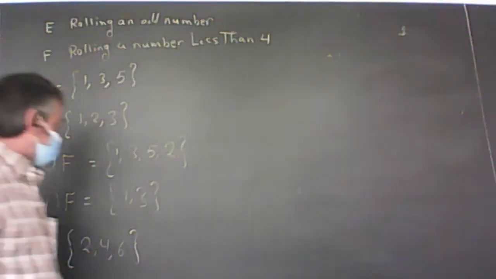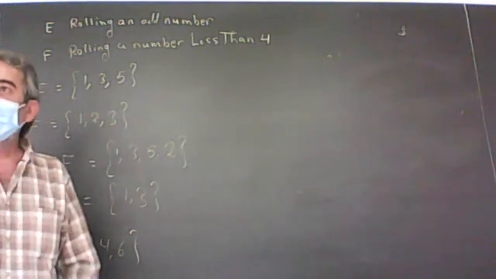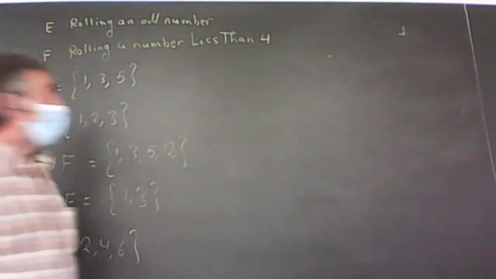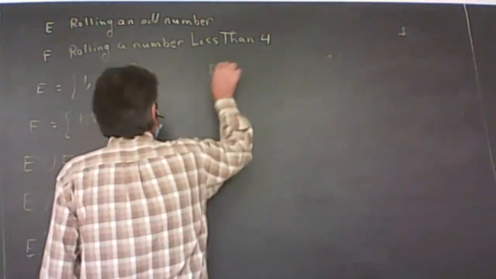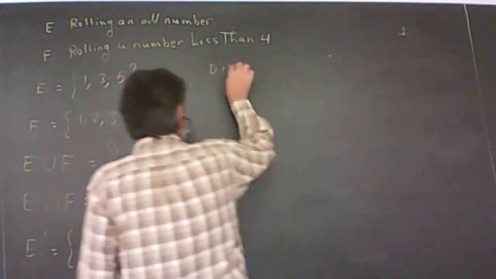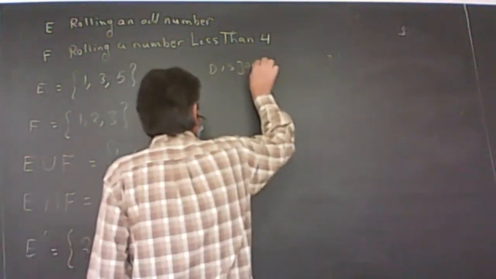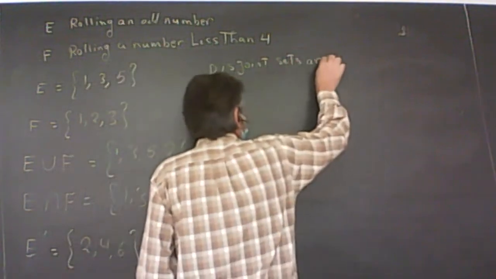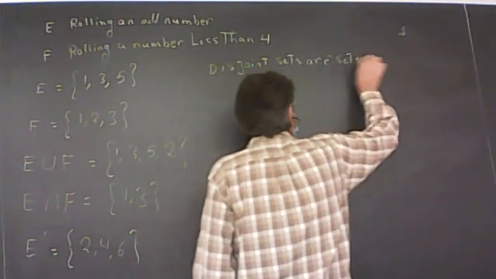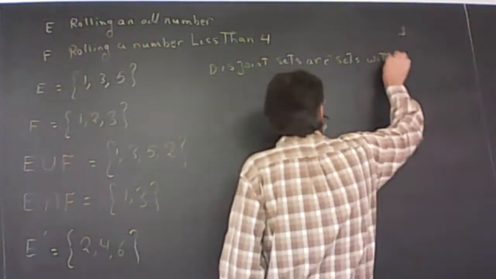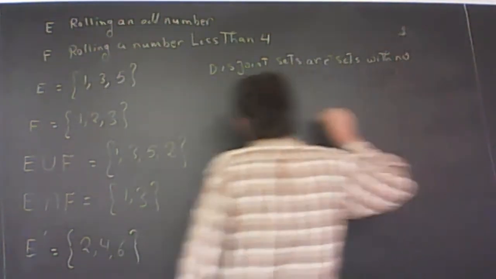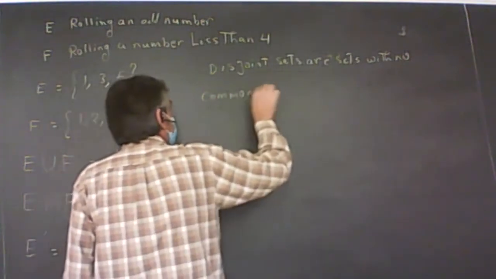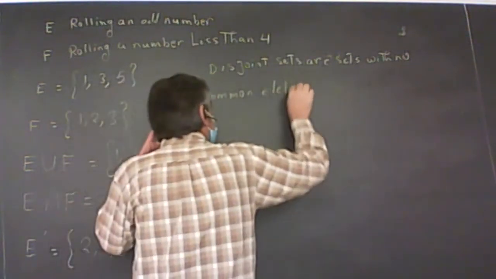So we call these disjoint sets. Disjoint sets are sets with no common elements.